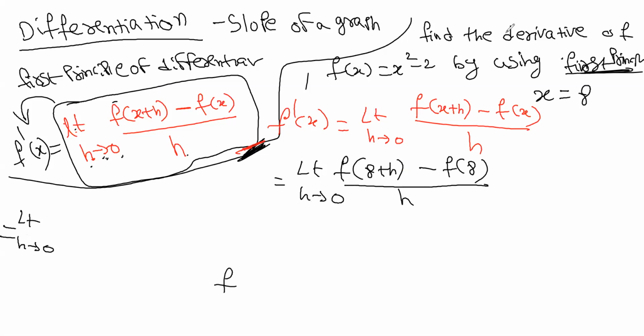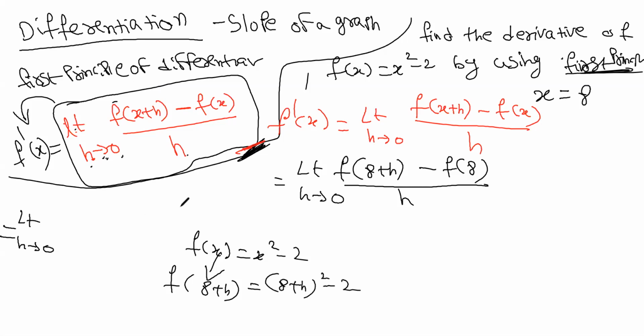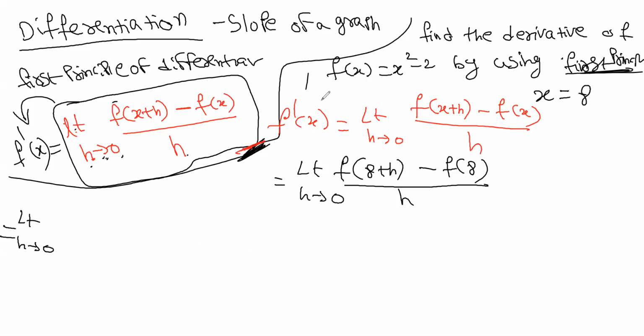What is f of 8 plus h? f of x is x square minus 2. f of 8 plus h means instead of x you have to substitute 8 plus h. That's it. (8 plus h) whole square minus 2, minus 2.